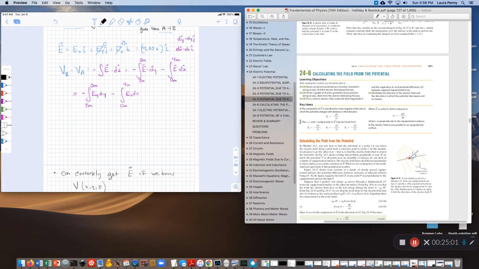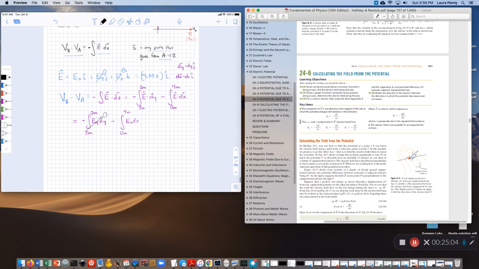So E sub y is 0, right? And so I'm just left with E sub x, which is 4x, dx, from 0 meters to 4 meters. That's a negative 4 times the integral of x dx from 0 to 4.